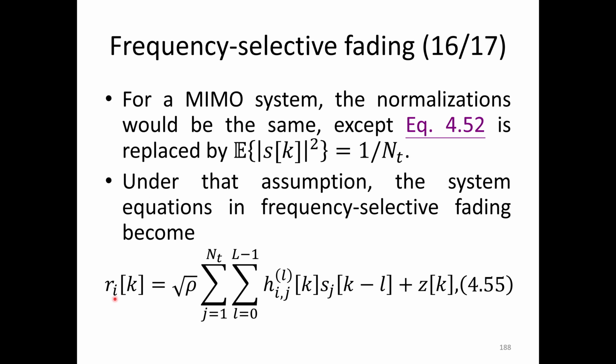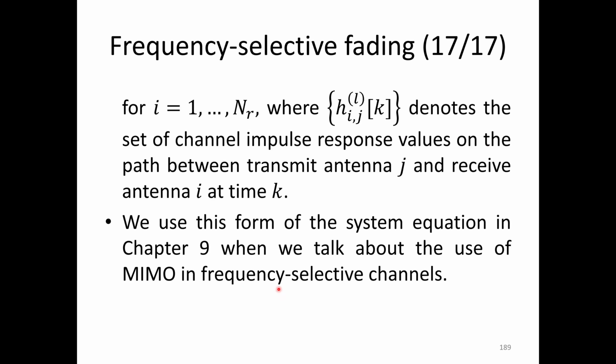Where i appears here, and j appears here. Nr is the number of receive antennas.